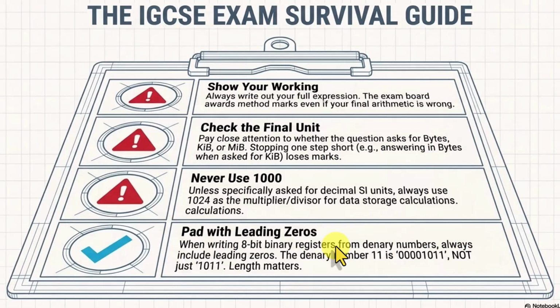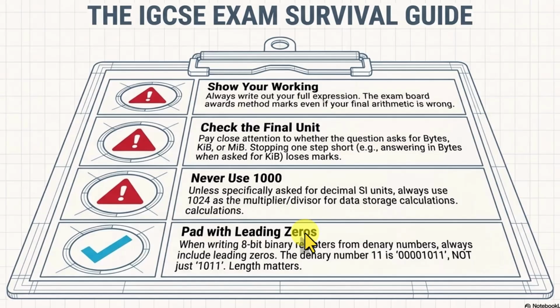So for your exam, do not forget to show your working, because the method is marked. Check the final unit: what unit is asked from you in the question. Never use 1000 unless you are directly asked to. Mostly we use the binary multiplier. And remember leading zeros: IGCSE uses 8-bit binary registers mostly.